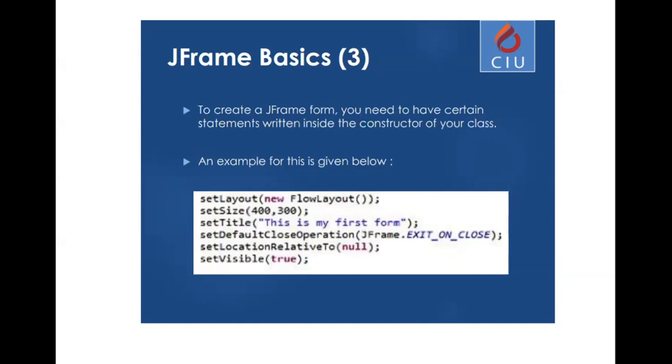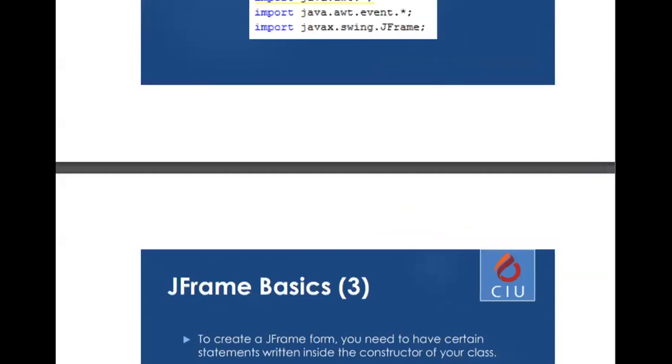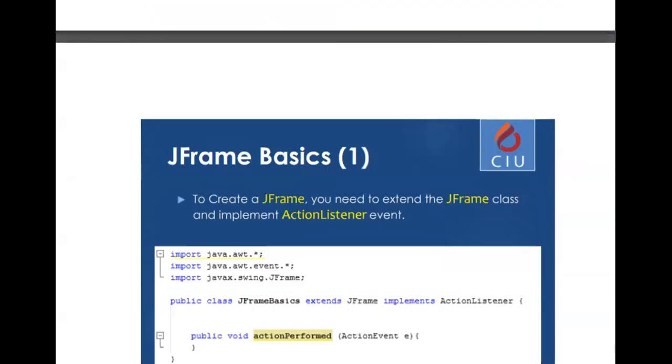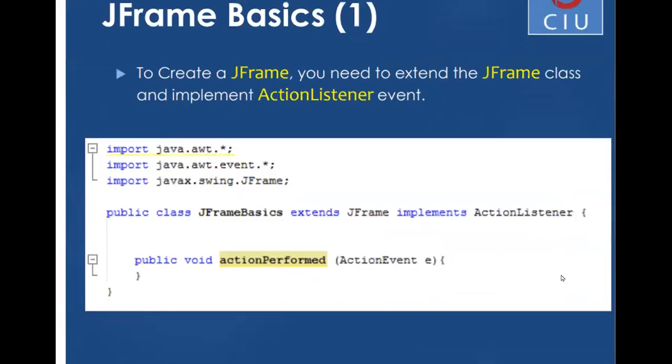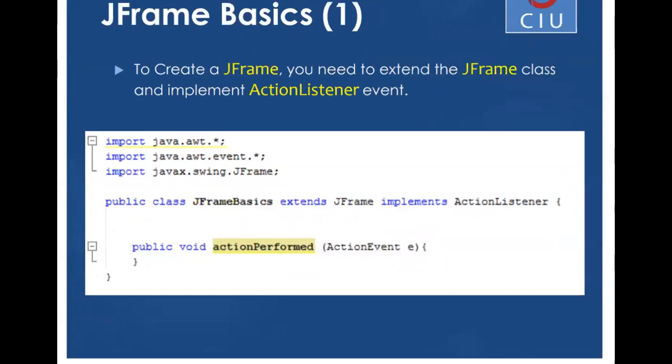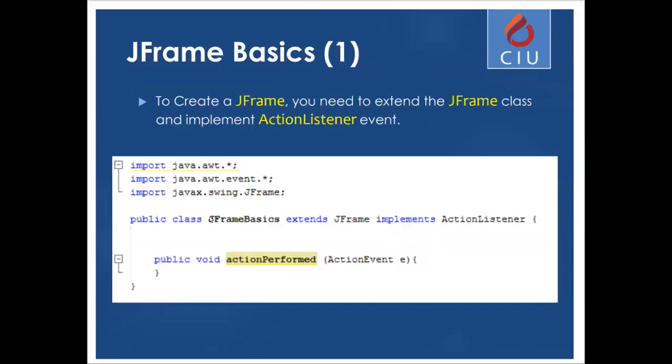Now, in order to use the JFrame, you got to learn a little bit of basic object-oriented programming, because technically JFrame is a class that you can extend to create your own version of the JFrame. So it is actually an inheritance relationship in here. As you can see, when you create your own class, in this case, our JFrameBasic, it will extend the JFrame, which means that it will inherit all the features of JFrame.